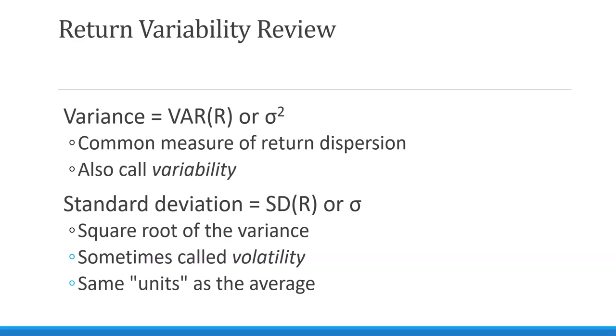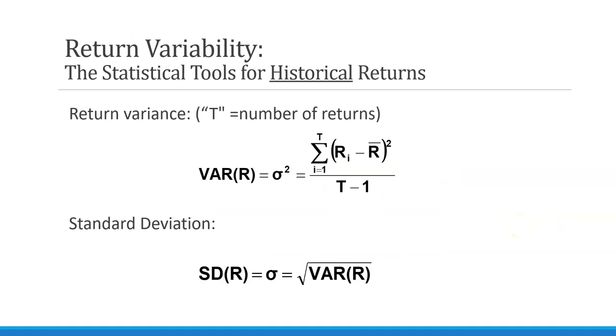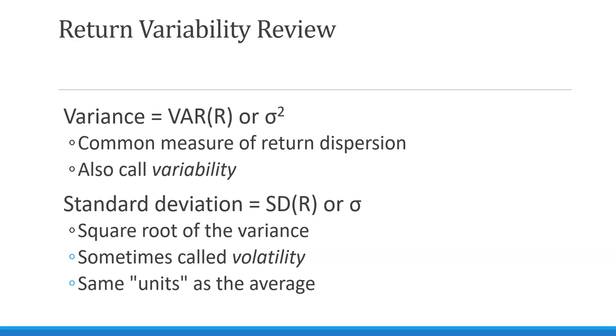So the variance is a common measure of return dispersion. And then the standard deviation is the square root of the variance. It's sometimes called the volatility, and it has the same units as the average.